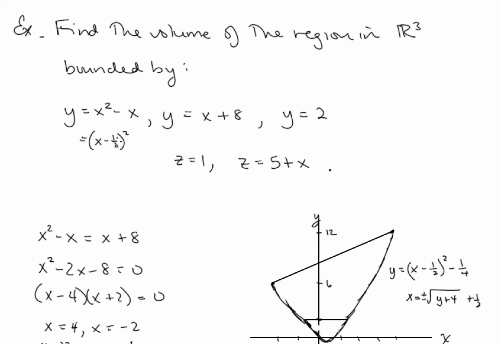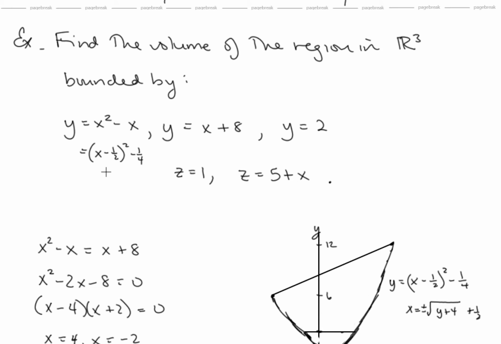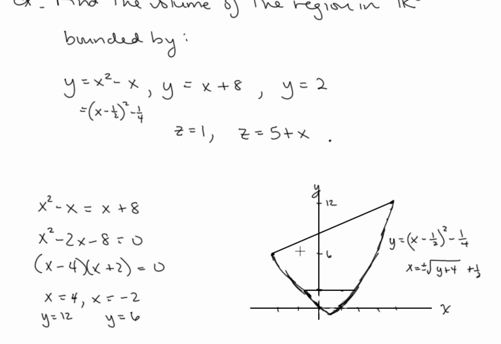But that would include a plus 1/4, so I need a minus 1/4 here. Right, so completing the square gets us here, and this helps identify the vertex of the parabola and helps us plot. We could see the vertex here is 1/2, comma, negative 1/4. We're taking our parabola, moving it to the right by 1/2 and then down by 1/4. So that gives us the parabola here.